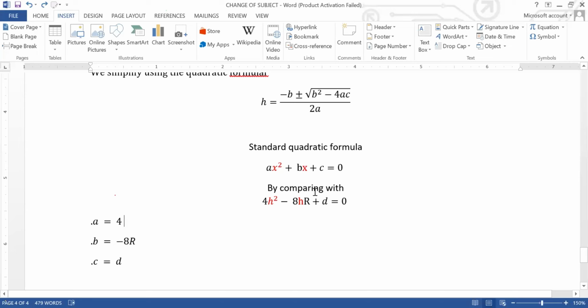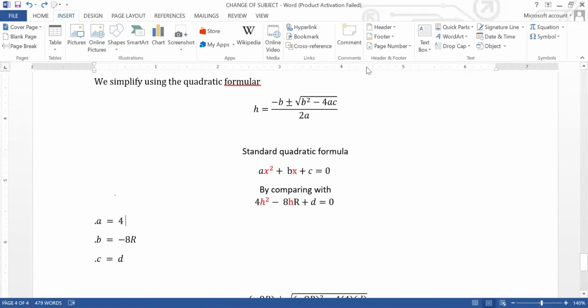Now we have a to be equal to 4, you have b to be negative 8r. It should always be arranged in order, because if you don't arrange it in order, you get things messed up. So if it is a quadratic, the exponent 2 comes first, then the exponent 1, then the exponent 0. Those exponents, I'm talking about the exponents of the variable.